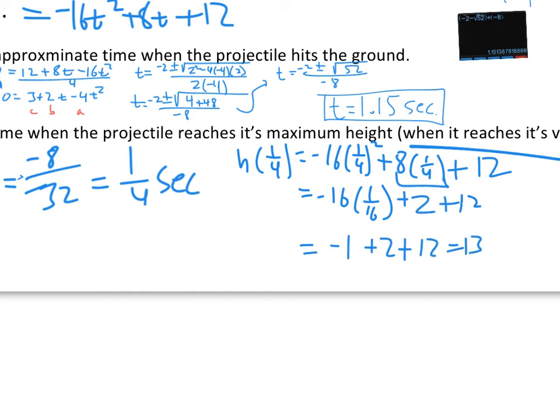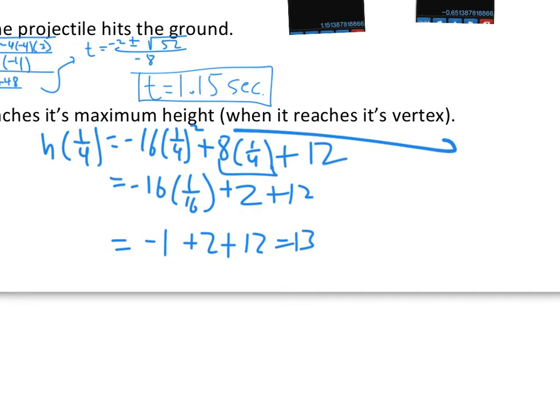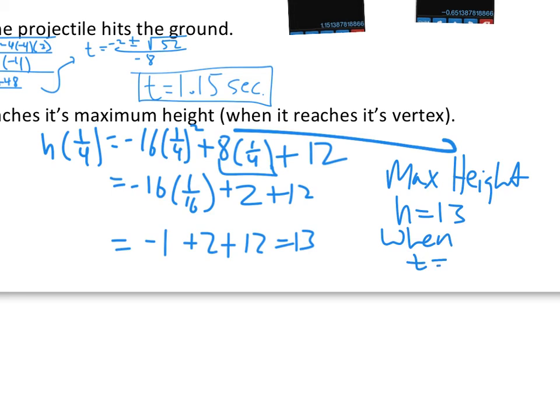So that works out pretty nice here, all right? So when t is 1/4, then we have a height of 13, okay? So its max height is h equals 13, when t equals 1/4 second, and this is in feet.